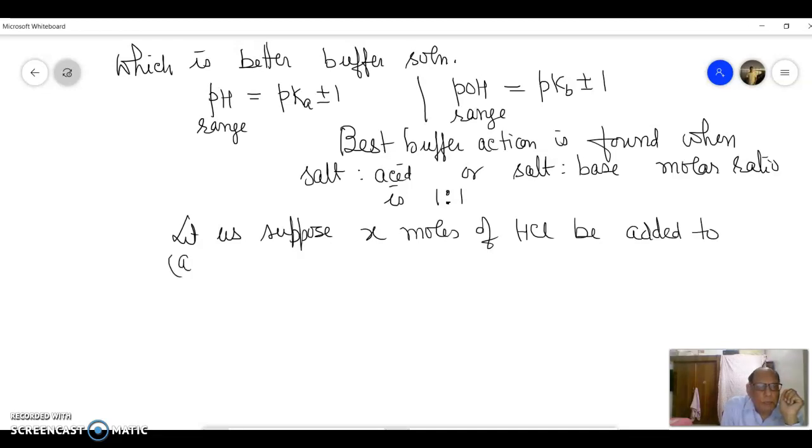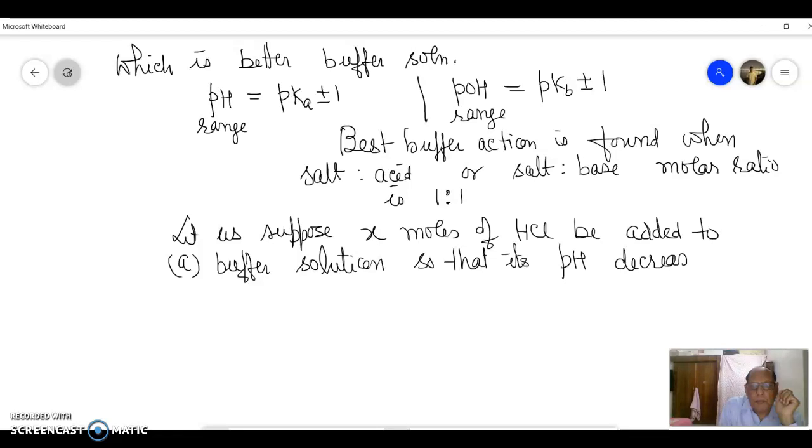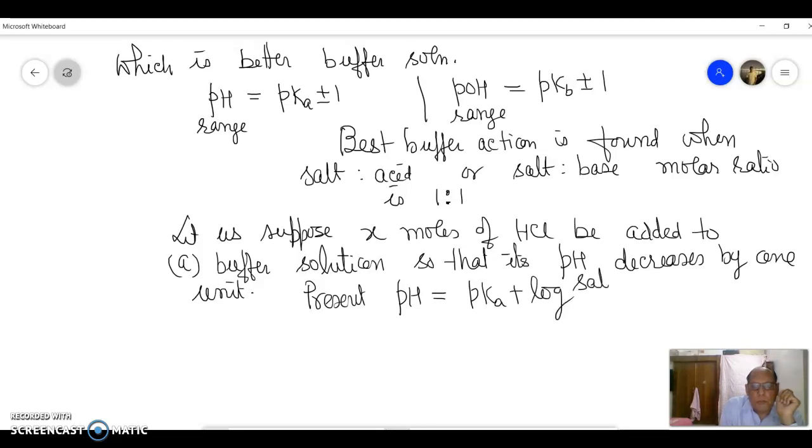to a buffer solution so that its pH decreases by 1 unit. The present pH is equal to pKa plus log salt upon acid, and hence this is 4.7.